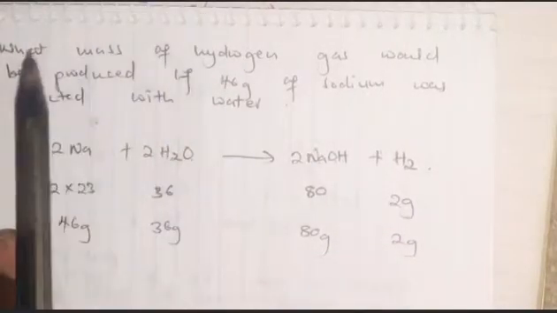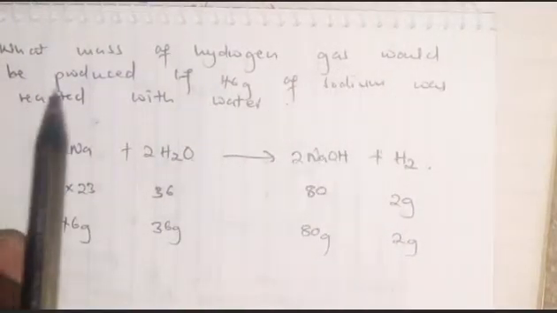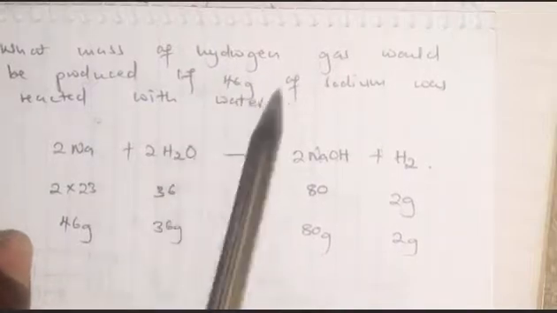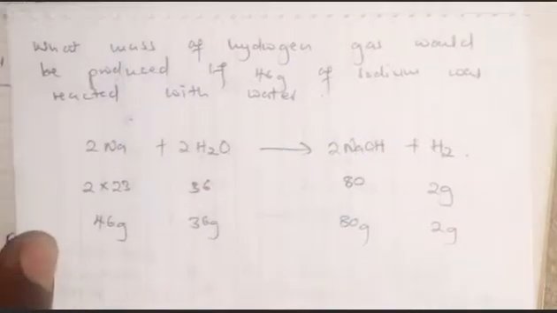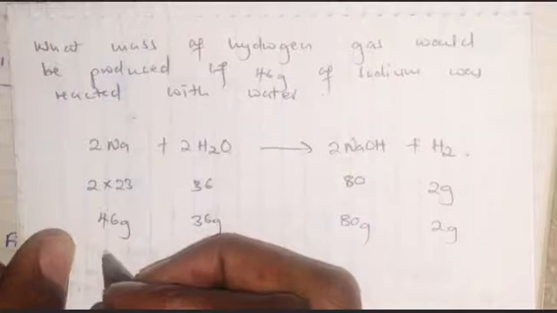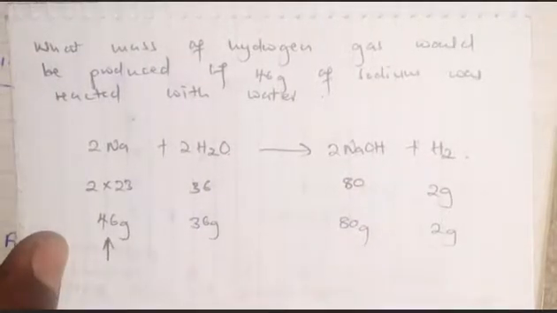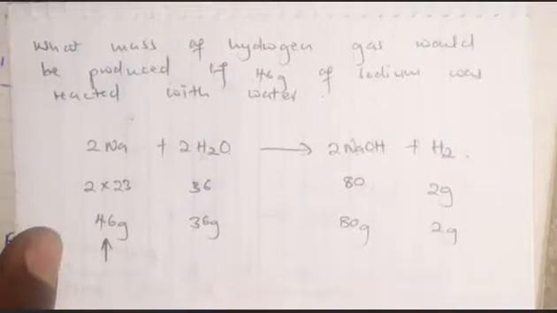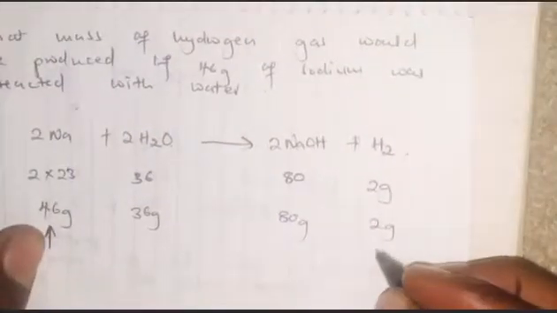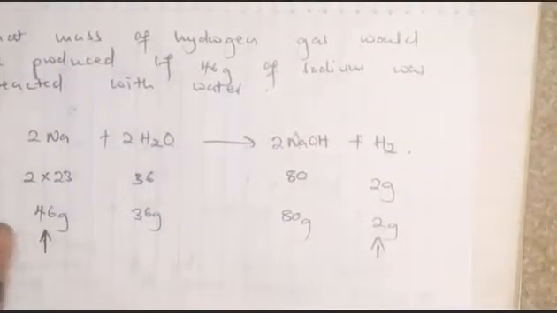The question was asking what mass of hydrogen gas would be produced if 46 grams of sodium was reacted with water. Here I'm reacting 46 grams, so I'm going to get 2 grams of hydrogen.